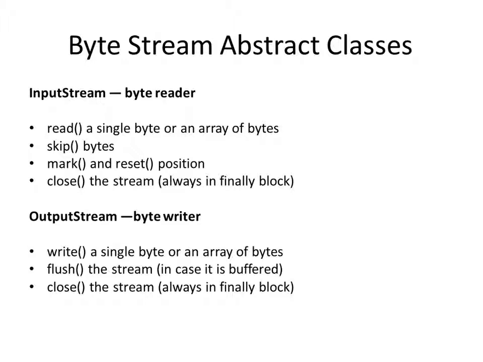So for the byte stream abstract classes, you have the input stream, which is a byte reader, and you have the output stream, which is a byte writer. The important methods here are read, write, skip. Read will read a single byte, write will write a single byte. Skip will skip a specified number of bytes, okay, and close will close the stream. You should always close it in a finally block, because close itself can throw an exception.